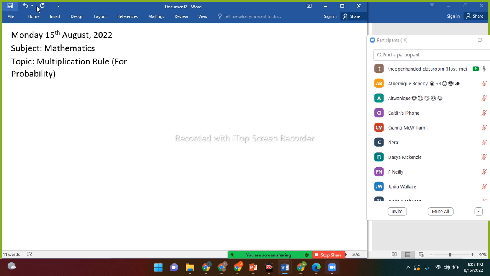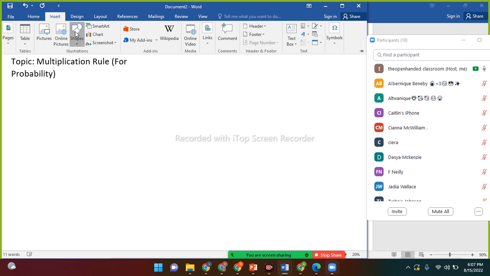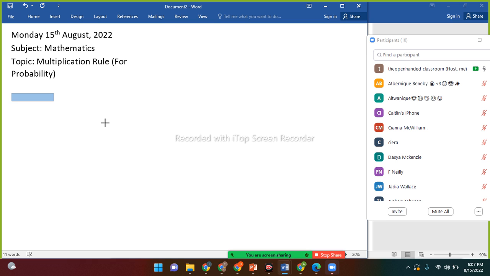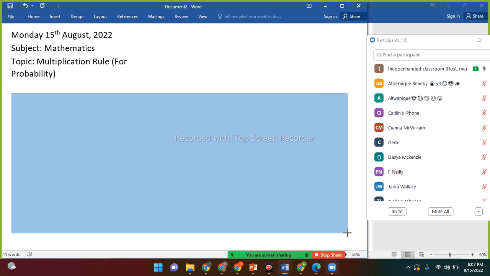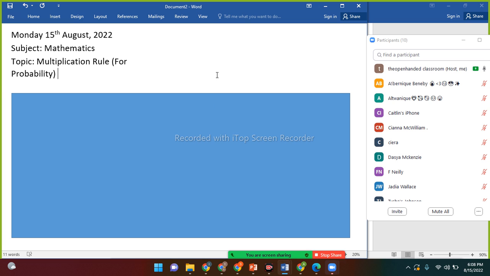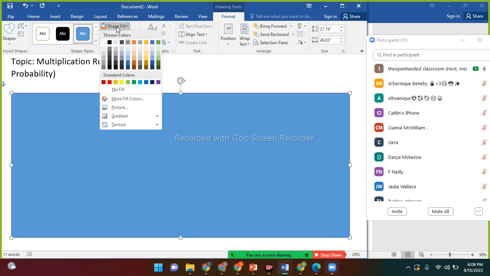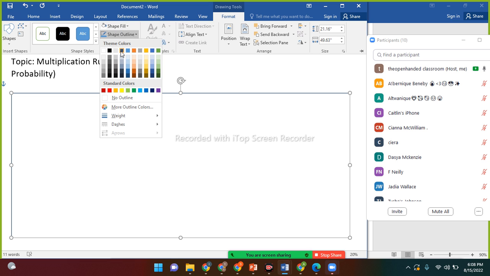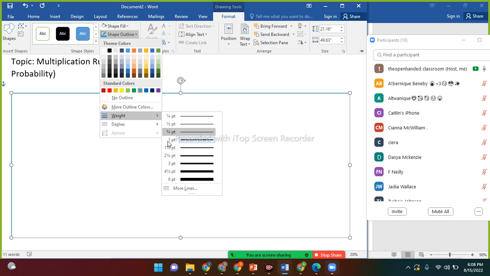So the multiplication rule states the following. So let's get a box. Okay, this is the problem. Let's make sure we shade that, no fill or blue, and then you're going to increase this here.